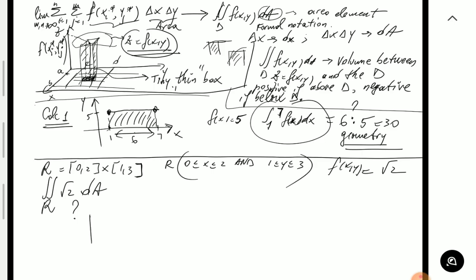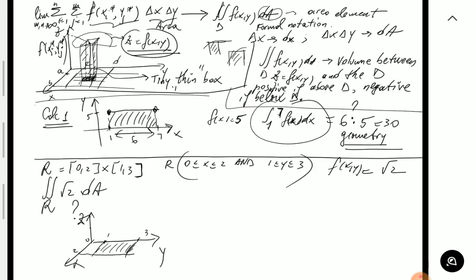Once again, you don't have to sketch, because visualization should be sufficient if you understand what goes on up until this point. But if you have to sketch it, you have a rectangle domain from 0 to 2, and then from 1 to 3. That is the domain. Then the value of the function is root 2, but it's at the same level.